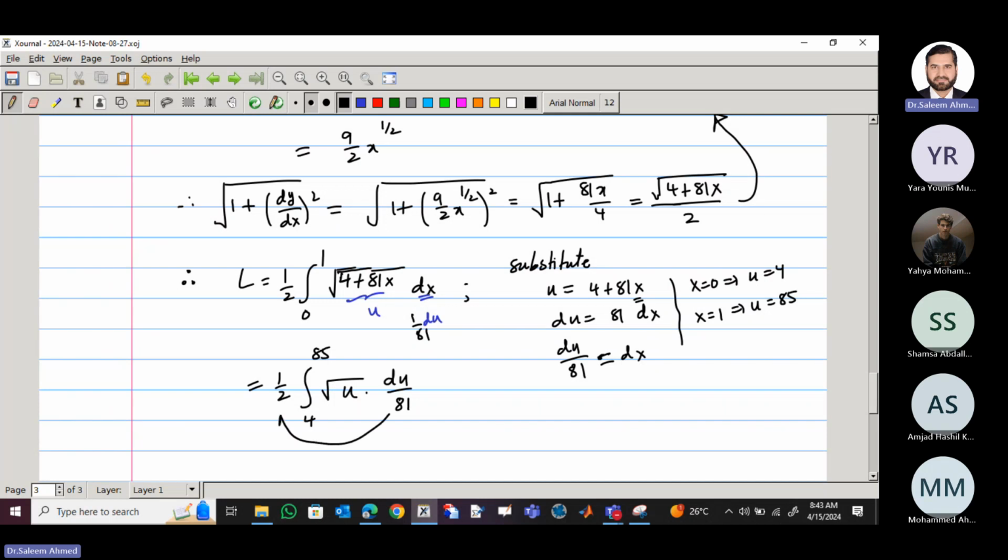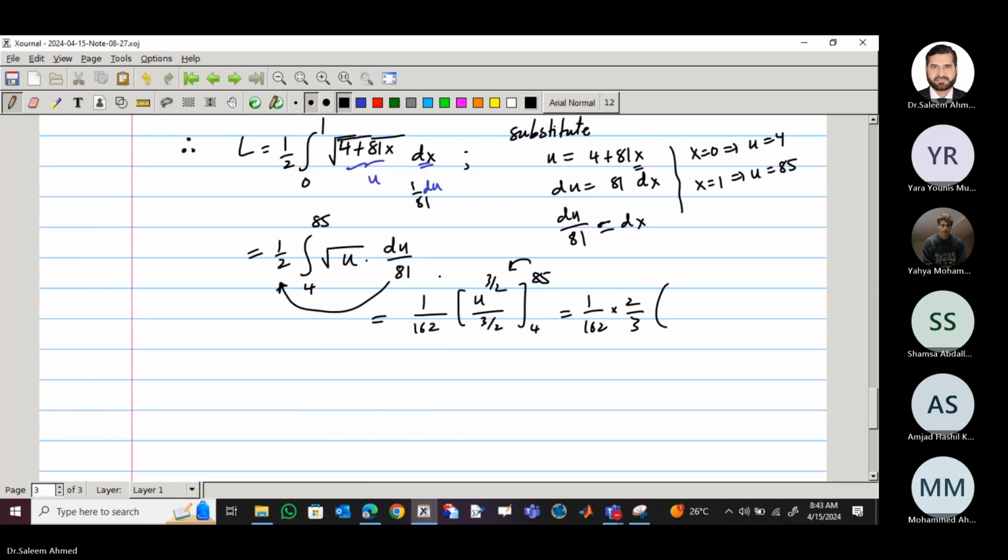Now I can also bring 81 outside. So this will become 1 over 81 into 2, 162, and this integration will become u to the power 3 by 2 divided by 3 by 2 from 4 to 85. So just replace 85 and then replace 4, you'll get the answer: 85 to the power 3 by 2 minus 4 to the power 3 by 2.